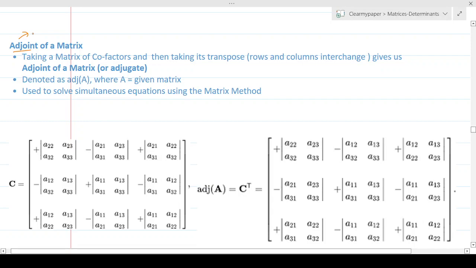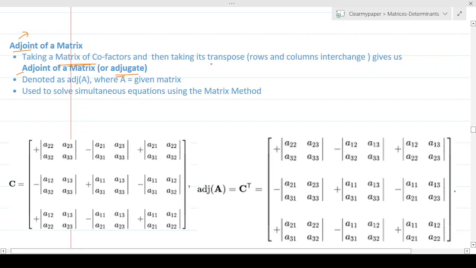So what is an adjoint of a matrix? Adjoint of a matrix is also called adjugate, but we'll stick to this term, adjoint of a matrix. Adjoint of a matrix is nothing but taking a matrix of cofactors and just taking its transpose. And what is transpose?